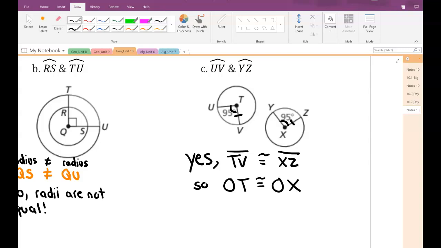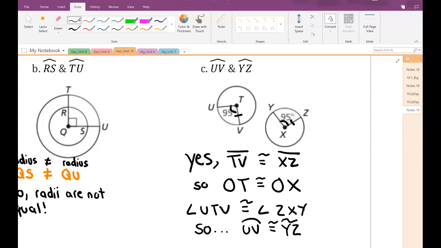And if the two circles are congruent and they have the same central angle, we can say angle UTV is congruent to angle ZXY. So again, arc UV is congruent to arc YZ.